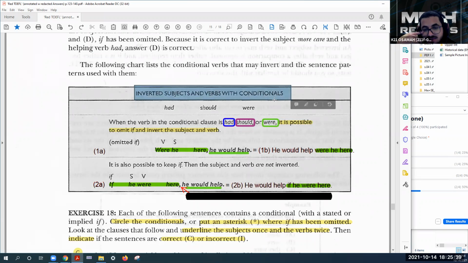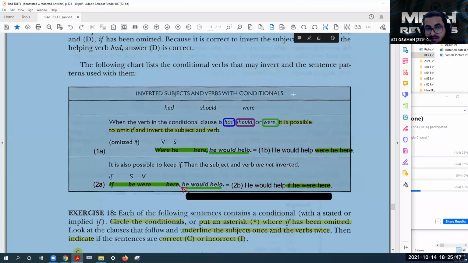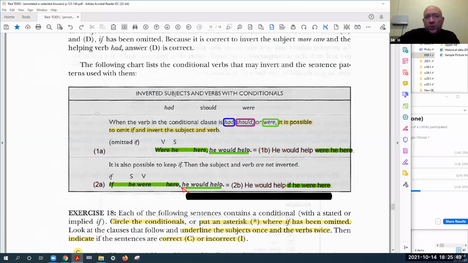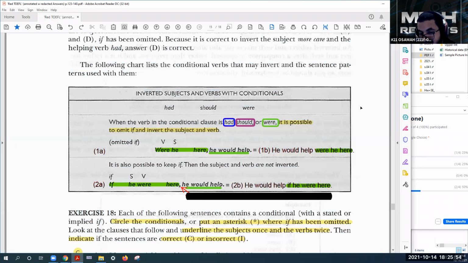Specific conditional verbs: had, should, were. And the rule? When the verb in the conditional clause is had, should, or were, it's possible to omit if and invert the subject and verb.